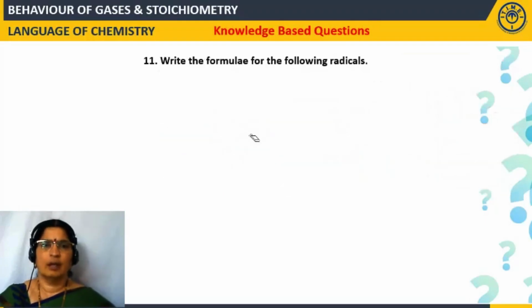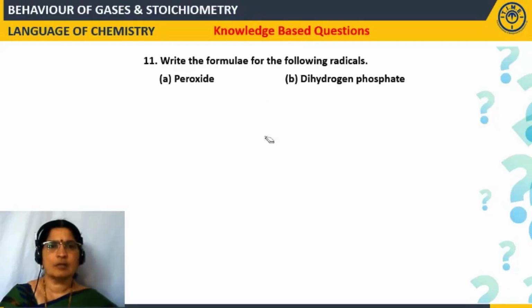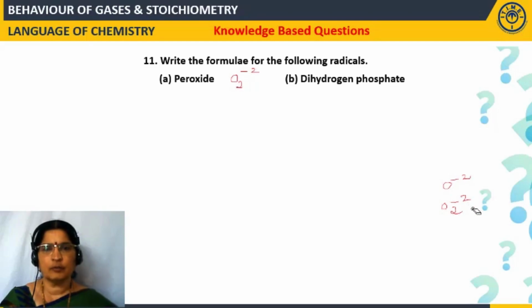Right? Write the formulae for the following radicals. Peroxide radical. Peroxide radical is O2 minus 2. You have to be careful. O minus 2 is oxide. Okay. O2 minus 2 is peroxide because there will be a linkage bond between two oxygen atoms. So the entire species is a single radical.